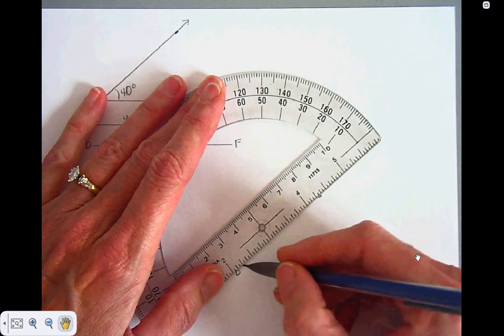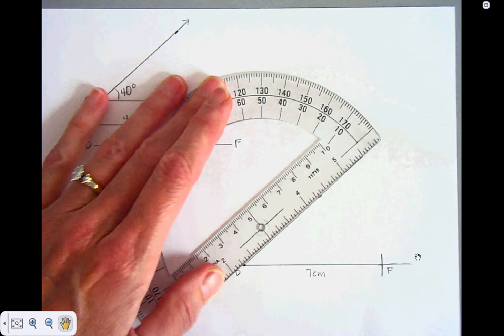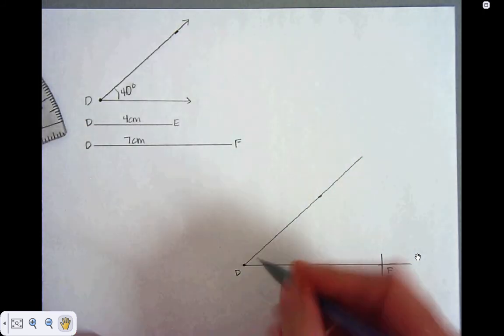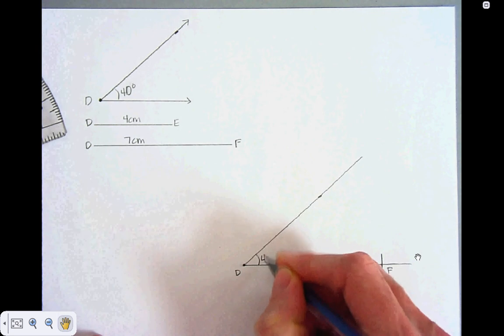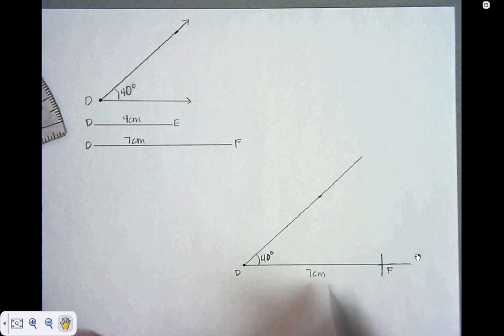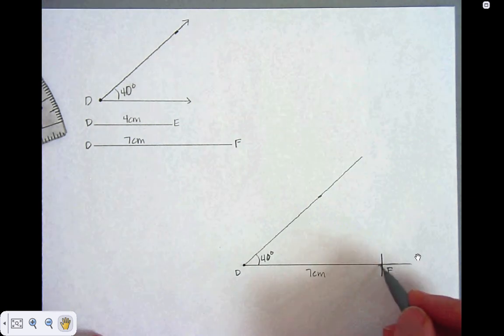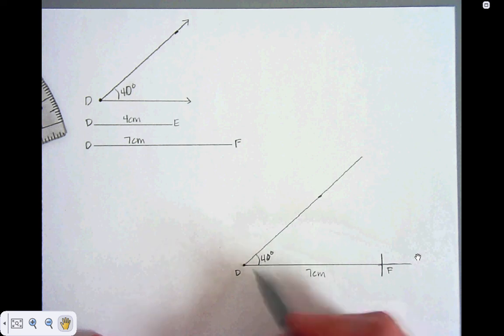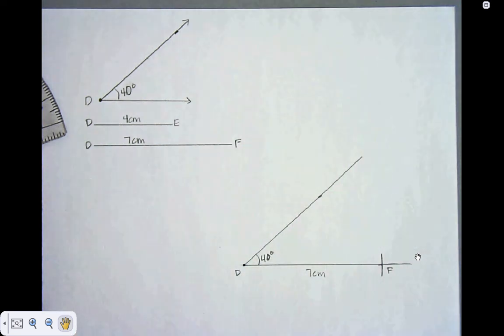Now again, I'm going to make it longer than what is needed, but that's okay. Now we know that this is 40 degrees. So we have our 7 centimeter line drawn with our compass and marked with an arc mark, and we've used our protractor to make our 40 degree angle.